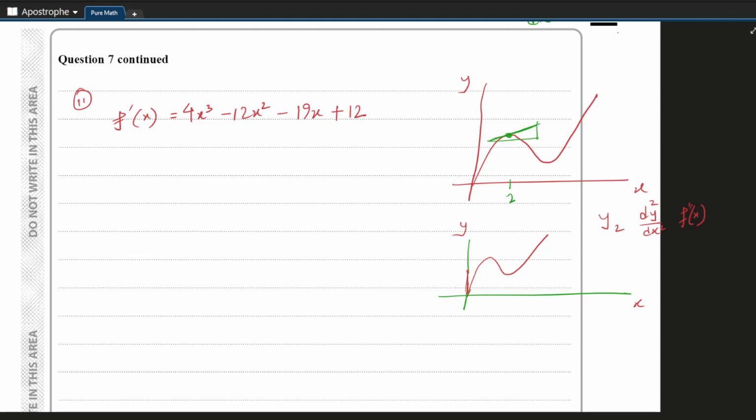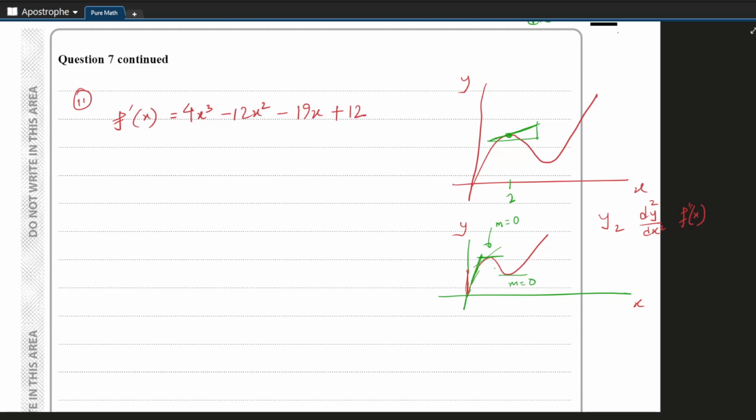So let's check the dy by dx or gradient. In here we can see the gradient is very high. Slowly the gradient is decreasing. At this point the gradient is 0. So we can say that at a turning point the gradient is equal to 0. Same here, the gradient is 0.